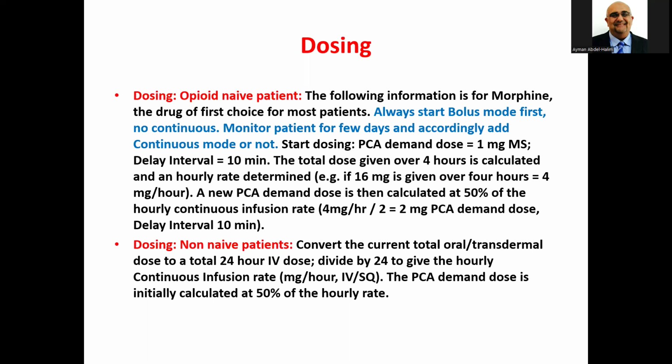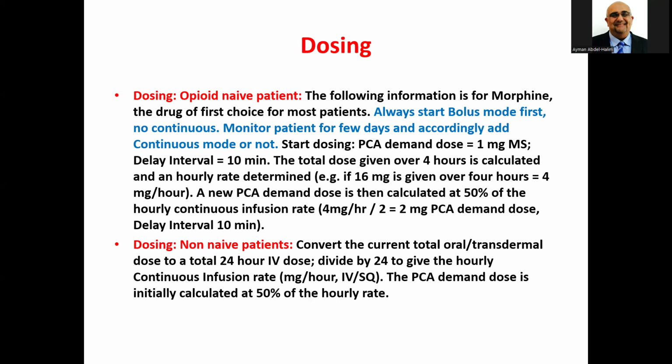Let us say the patient used 16 milligrams over 4 hours. Then the patient needs 4 milligrams per hour. So the new PCA demand dose will be calculated as 50% of the hourly continuous infusion rate. So 4 milligrams divided by 2 would be 2 milligrams. And the patient will get a continuous infusion of 4 milligrams per hour.